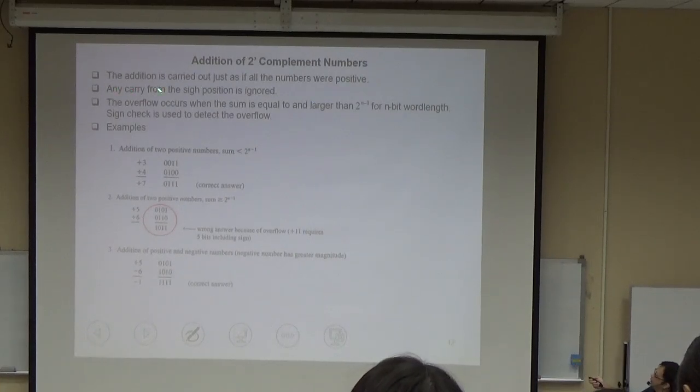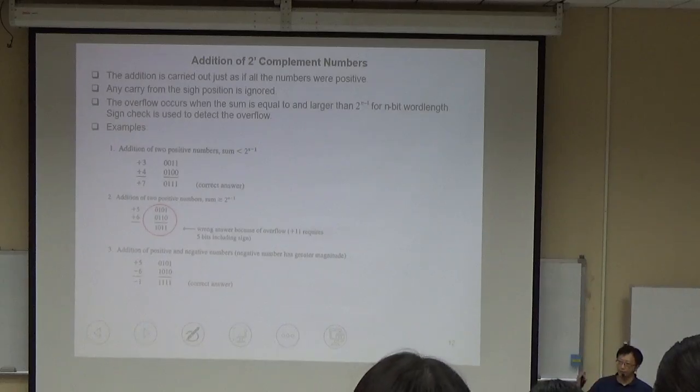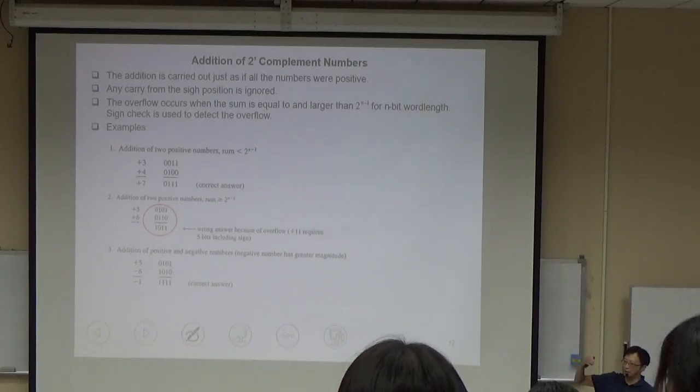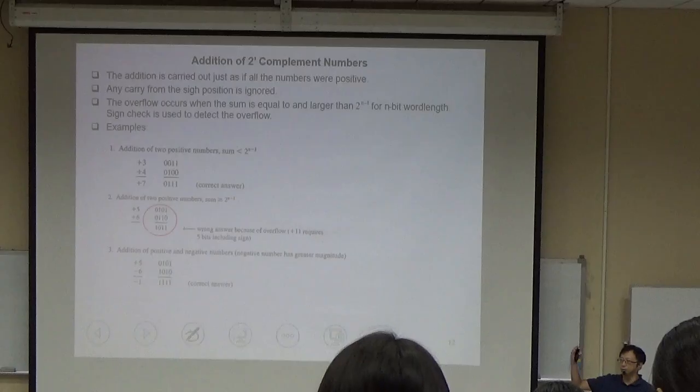The first point right here, the addition is carried out for all the numbers across. We perform the addition just like normal addition. We treat all the numbers as positive to perform the addition. The addition rule is just the addition table.